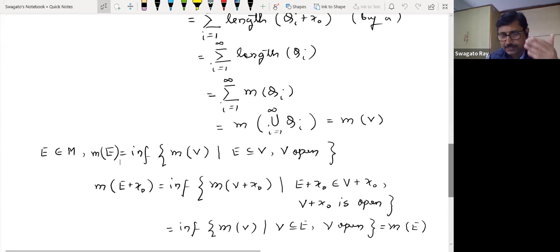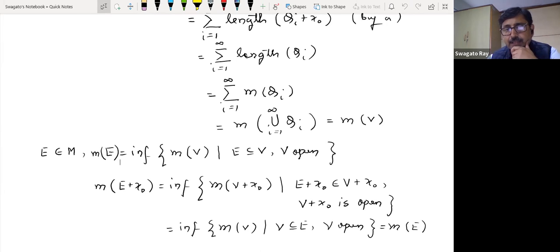So basically, as I said, perhaps in hindsight, you realize that this translation invariance works because the measure of an interval is its length and the translate of an interval is an interval. The length doesn't change. So the fundamental step is to know that the translation invariance actually happens for all 2 to the power minus n cubes.